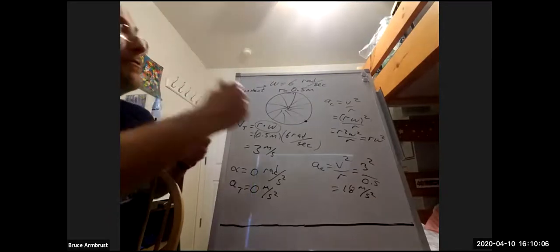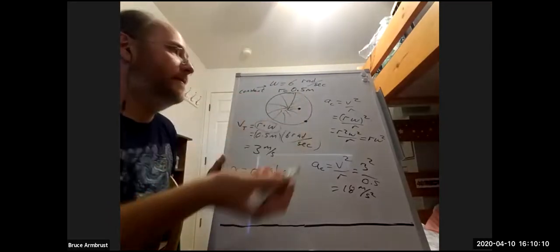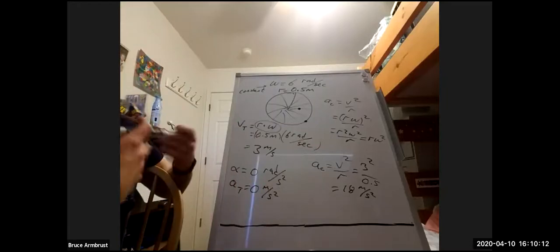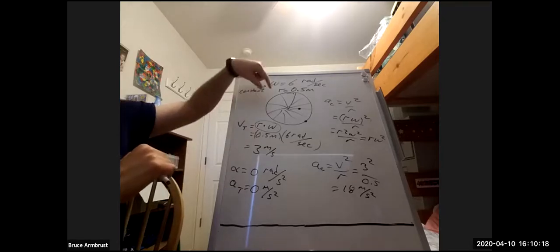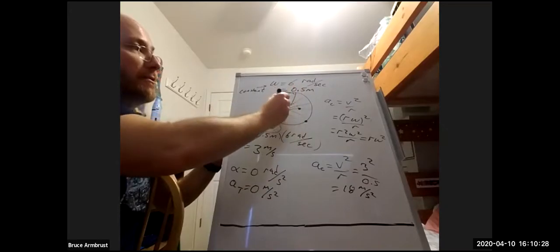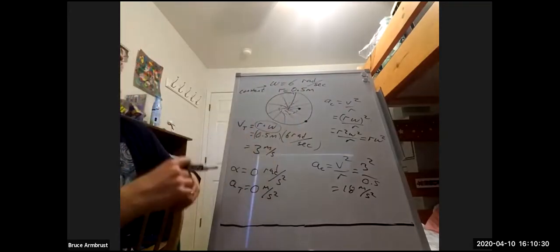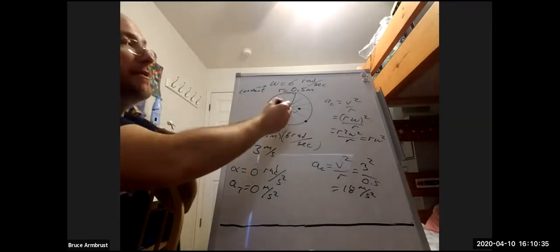Like if we were going to look at a point on one of the spokes, say right here, then we would still use the same formulas, but we would change r, because this r is the radius of the circle of travel of our point. And if we're at a point in here, it's going to do a circle, right? It's still rotating about this point, but it's not all the way out. So we would have to actually calculate that r.